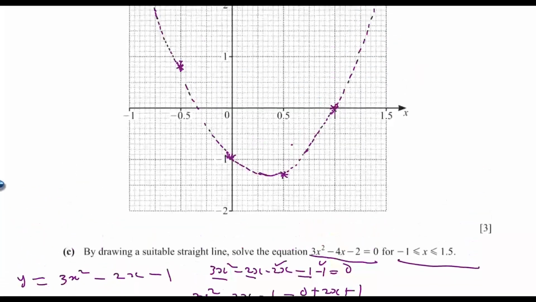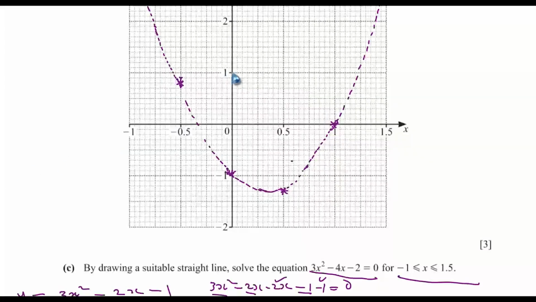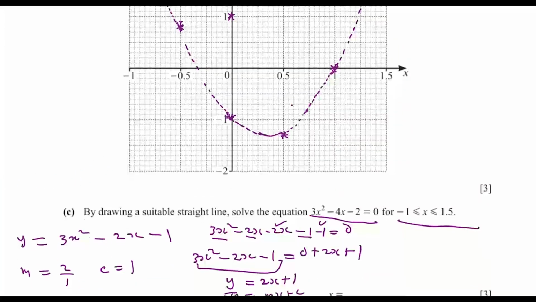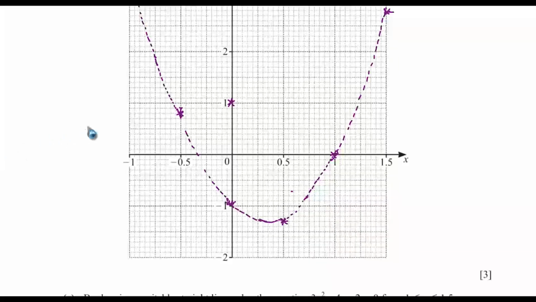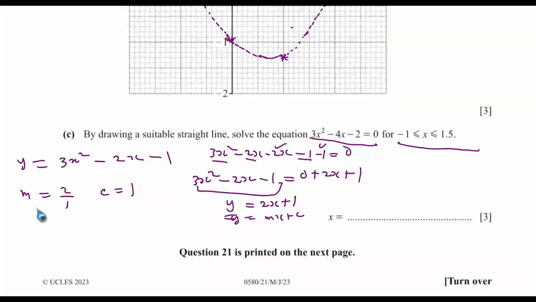So the first point will be here. This is the intercept on the y-axis. Then we go up 2 and run 1. The gradient is 2 over 1, which means change in y over change in x.